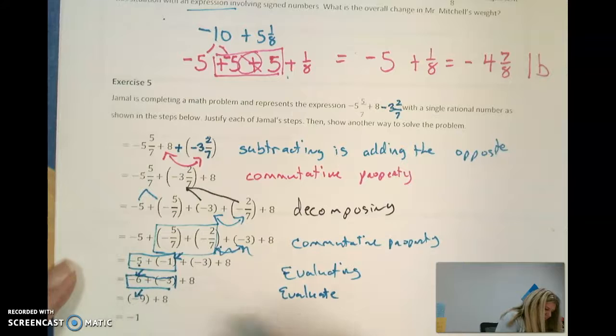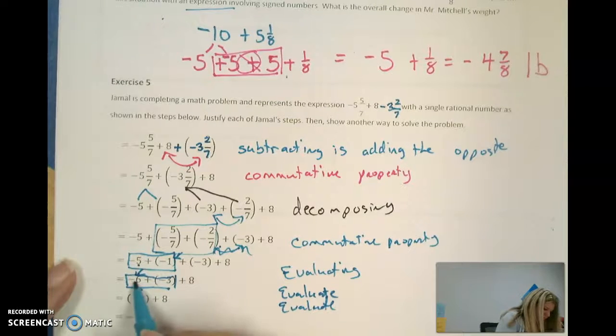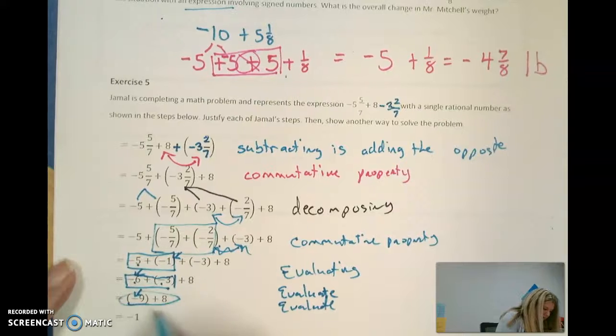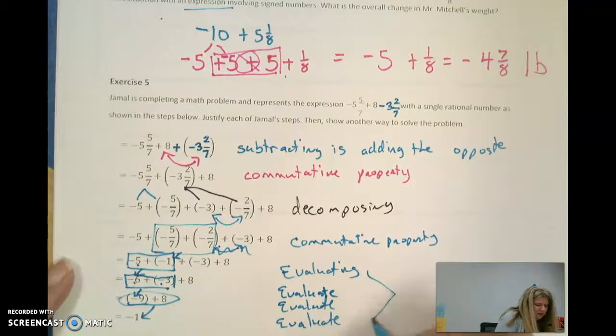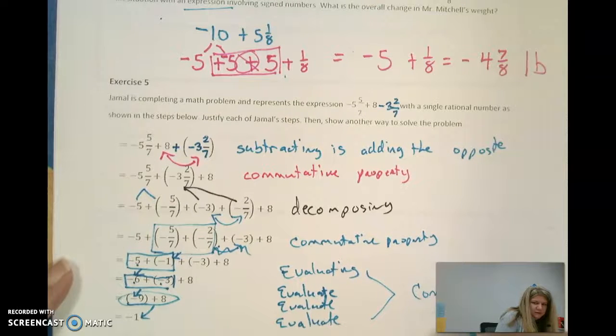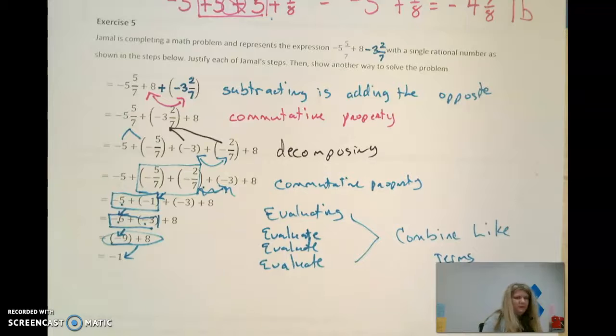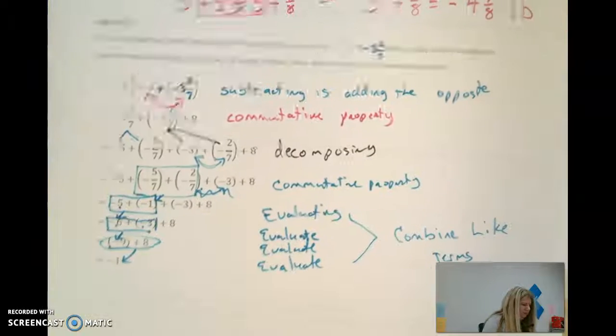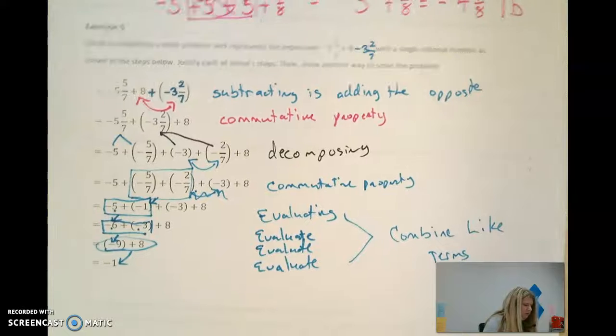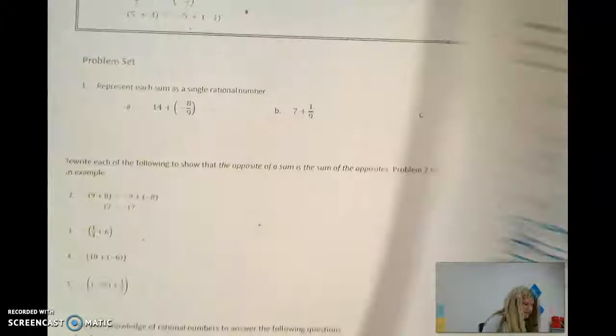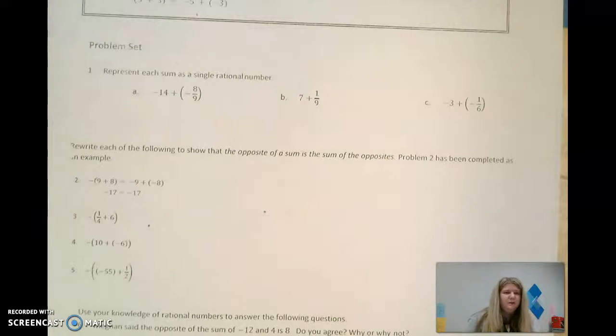And these two, I evaluate that, I get -9, -6 and -3. And finally, those two, and that evaluate, we can also call that combine like terms. Okay. Yay! That's good. Now we're ready for our problem set, which is a different video.